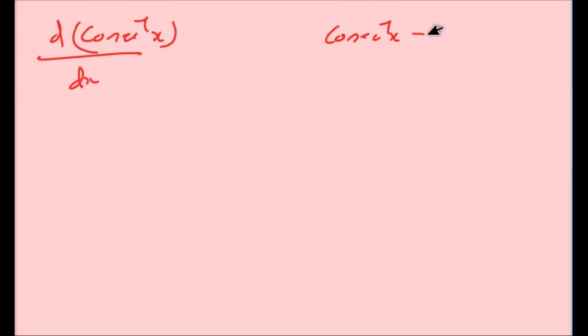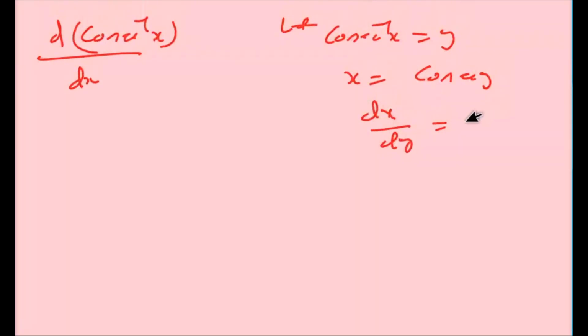Now go to the next point, the differential of cosec inverse x. So similarly, let cosec inverse x equal to y. Therefore x equal to cosec y, dx by dy equal to minus cosec y cot y.